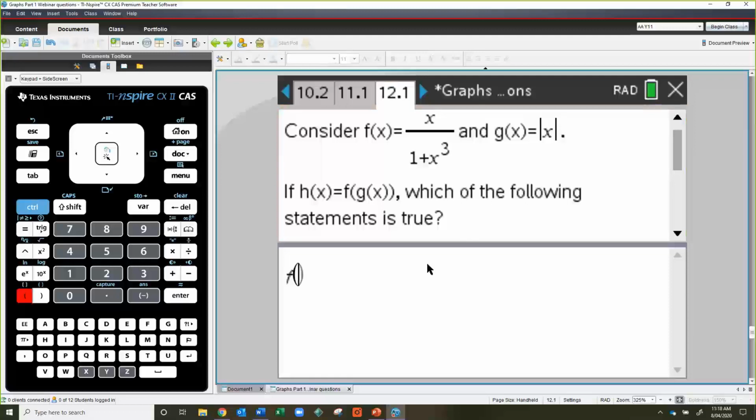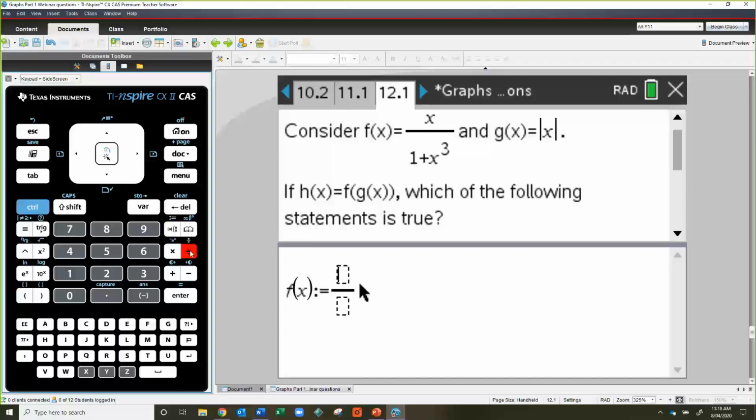So, as previously, we'll define these two functions and then h in x. So, we have x over 1 plus x cubed.